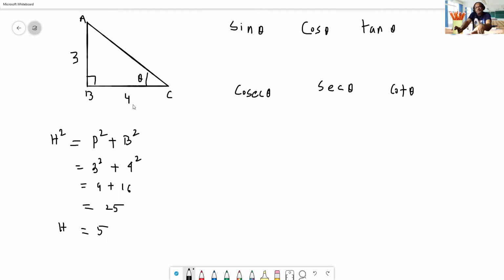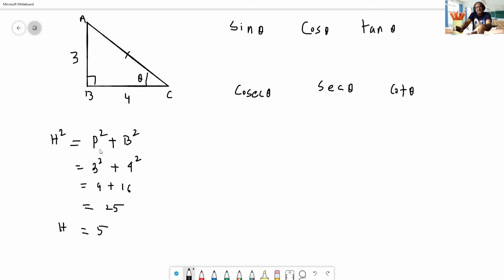Now you can calculate any side of this right angle triangle by just applying the Pythagorean theorem. Now the theorem is hypotenuse square, that is the square of the largest side, must be equal to the sum of the squares of the other two sides, that is perpendicular and the base, that is opposite and the adjacent.